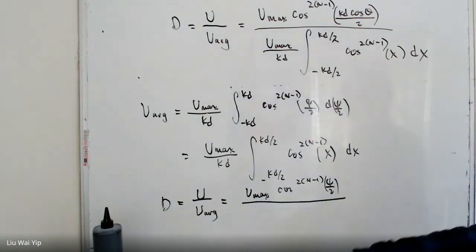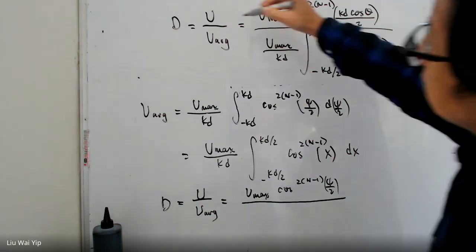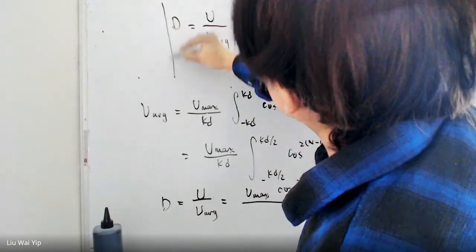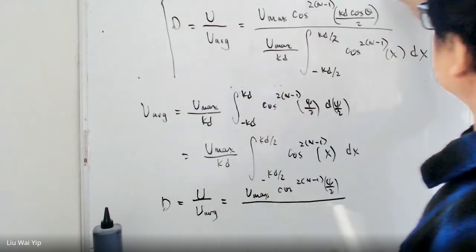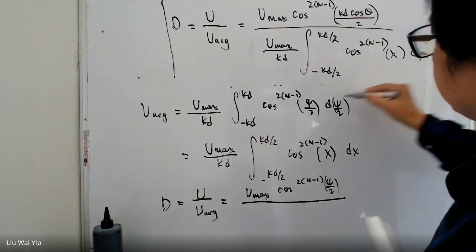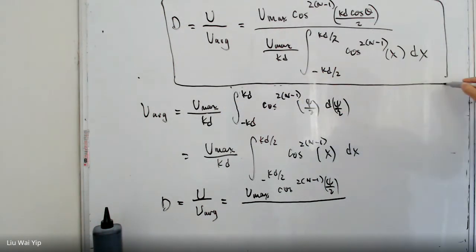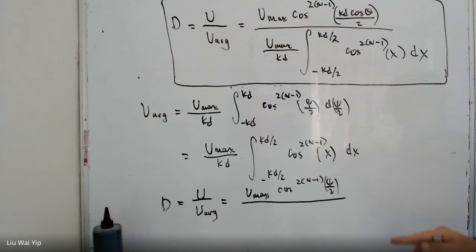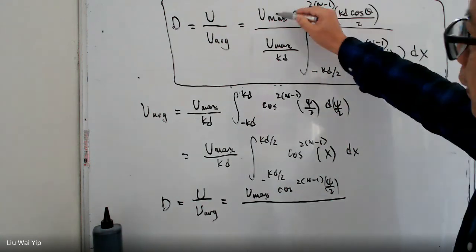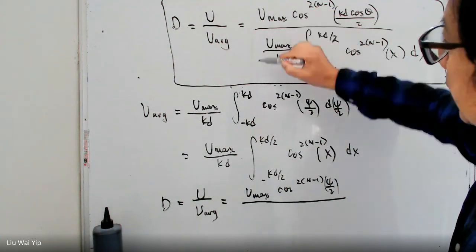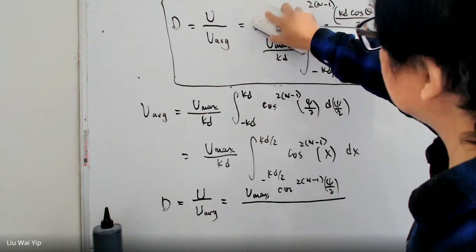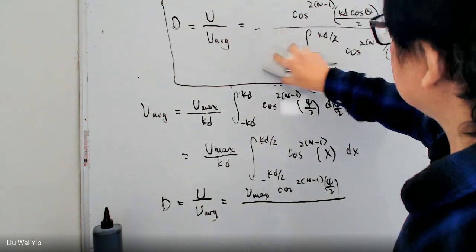So this is the formula for the directivity. It doesn't matter what kind of separation between two elements you have, you can just use this one here to calculate the directivity. And now we have U max on the top and bottom. You can cancel it off. So eventually the formula will be like this.